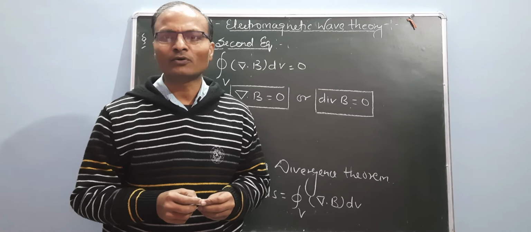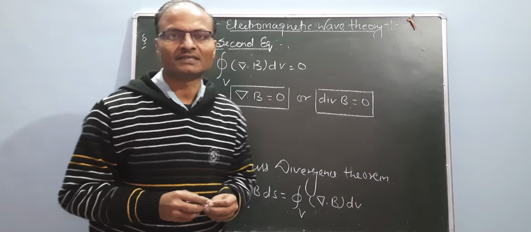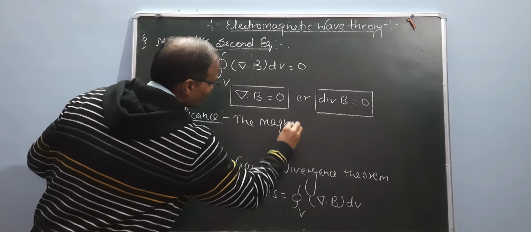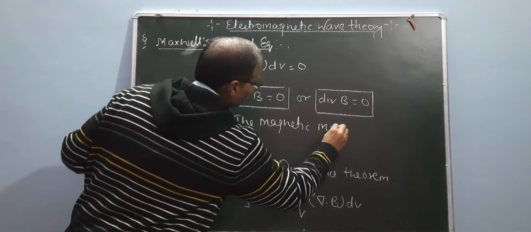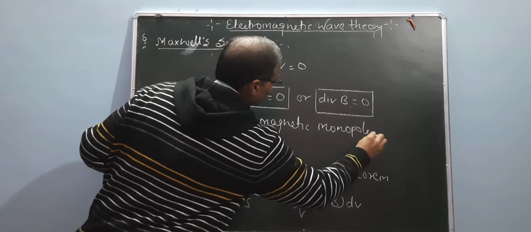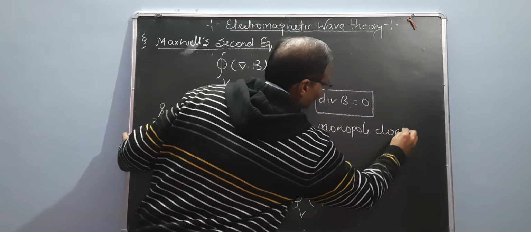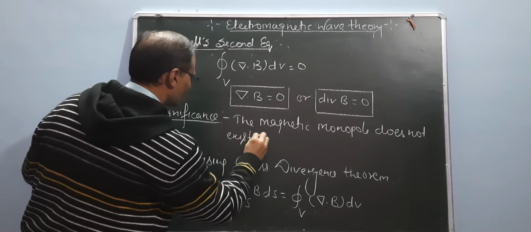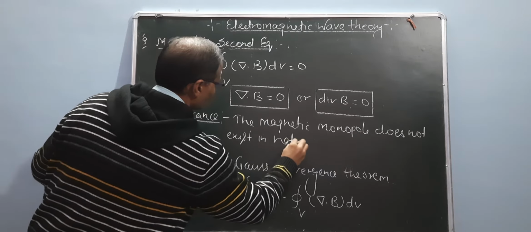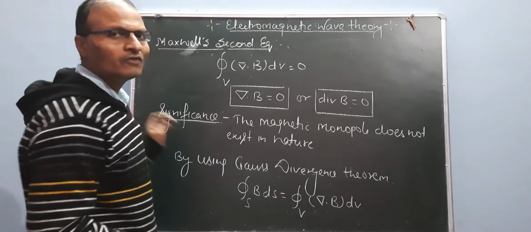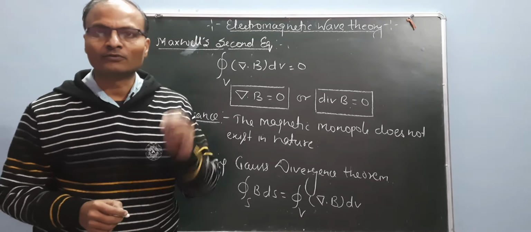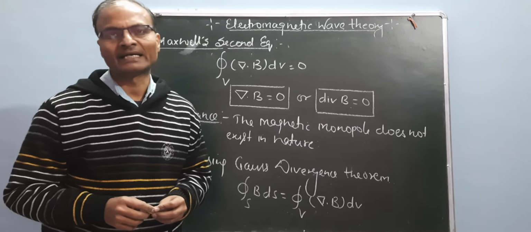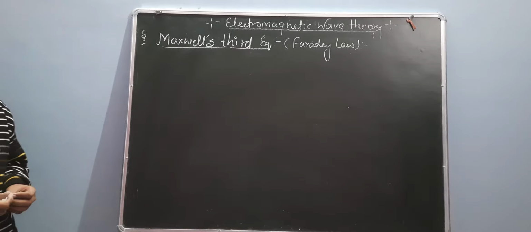The magnetic monopole does not exist in nature. We always identify dipoles. Positive and negative poles are available in any magnetic surface.